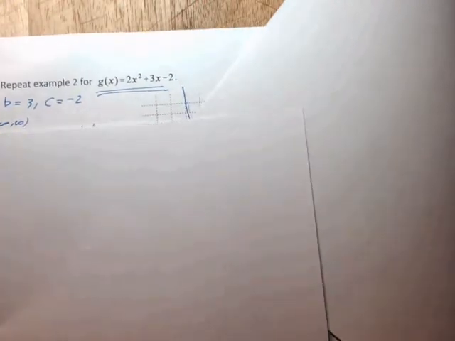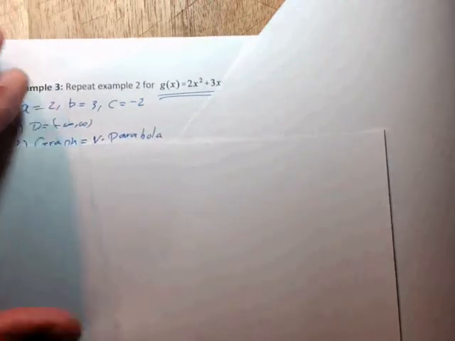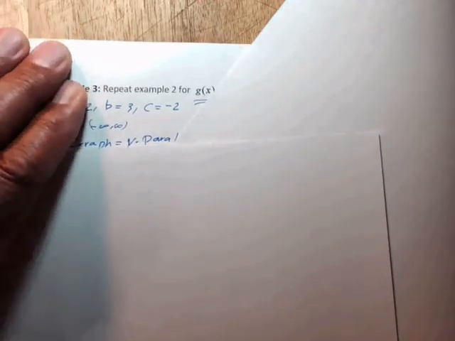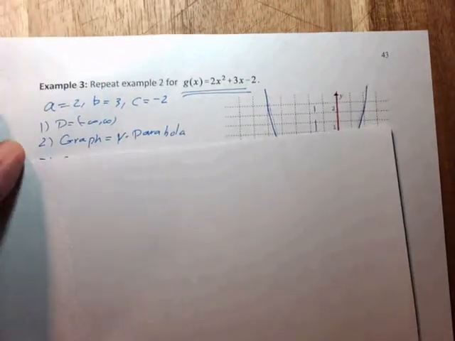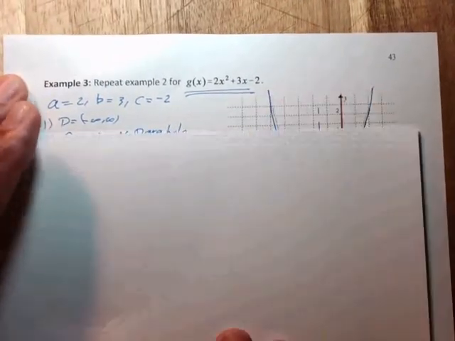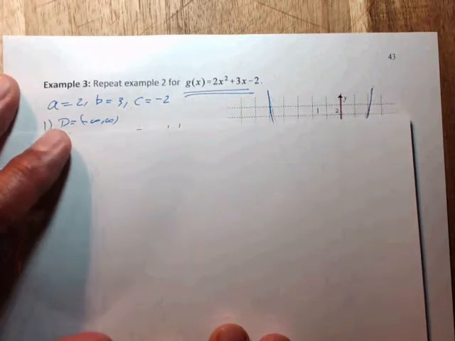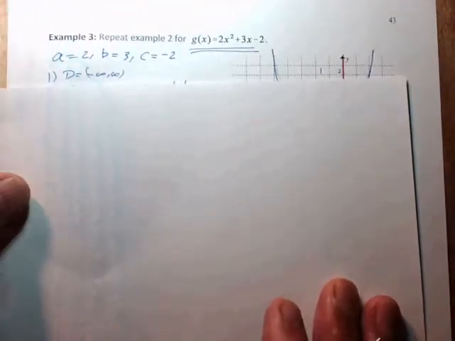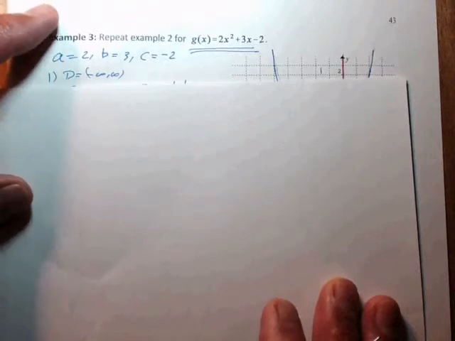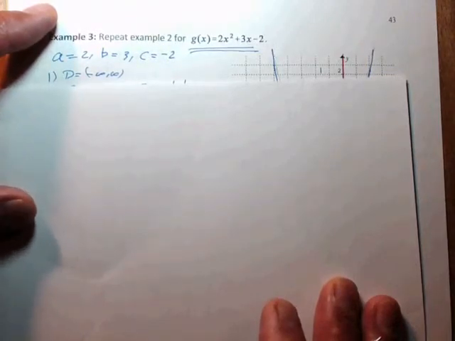Then the domain is, just don't look at the graph for now. The domain is minus infinity to infinity. That's true for all quadratic functions.